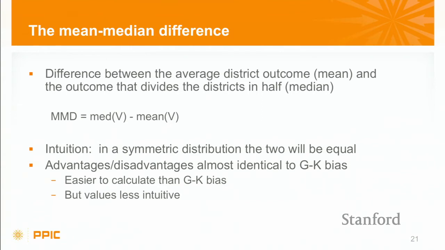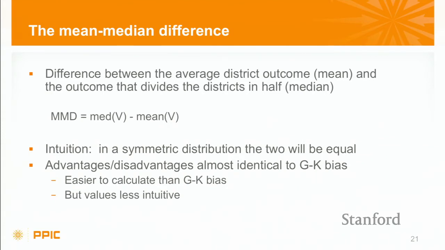Another possible measure is to compare the mean of the districts, the distribution of district outcomes, to the median. And the idea here, just take the difference between the two of them. The intuition is that in a symmetric distribution, these two things will be equal. So this is really just, I think of it as another version of symmetry, one that is a little simpler to calculate. Yeah? What does median mean in this case?